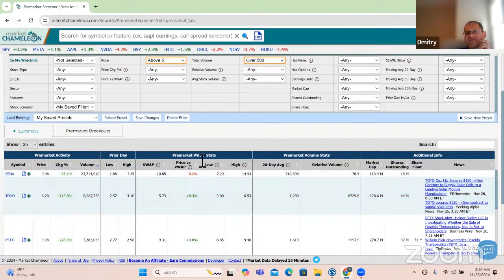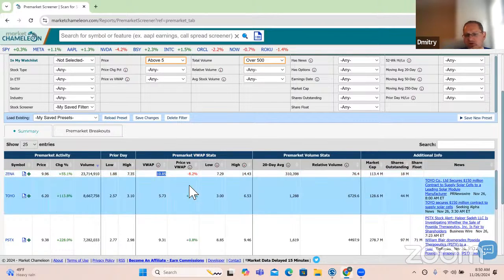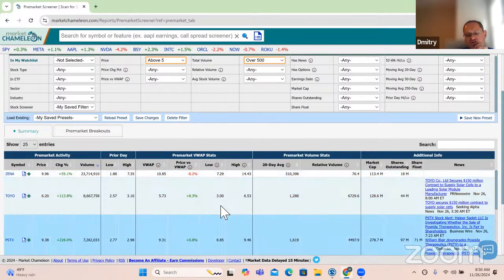Then we have these pre-market VWAP stats. The VWAP stats smooth out the prices a little bit. Instead of just looking at a high price, low price, or last price, which could be a trade with very little volume.